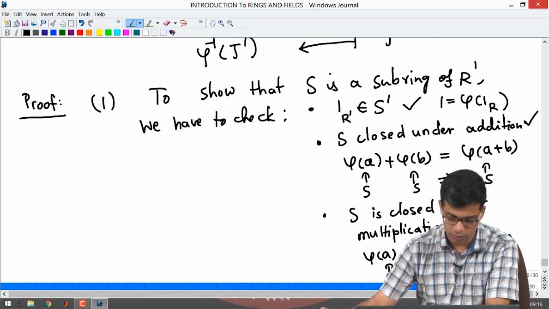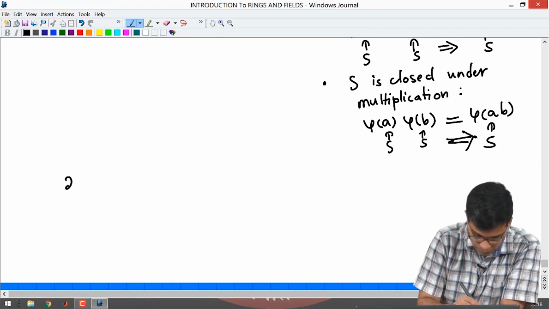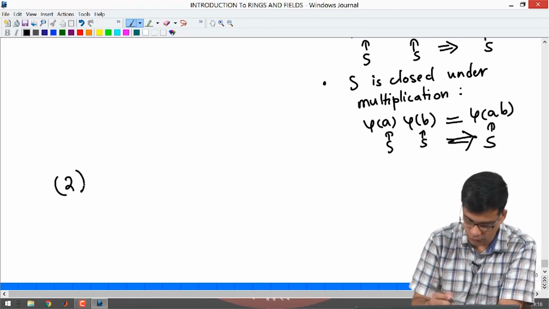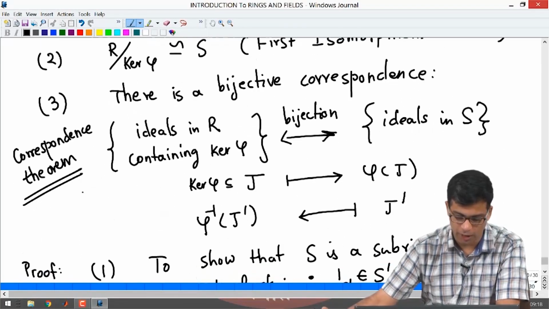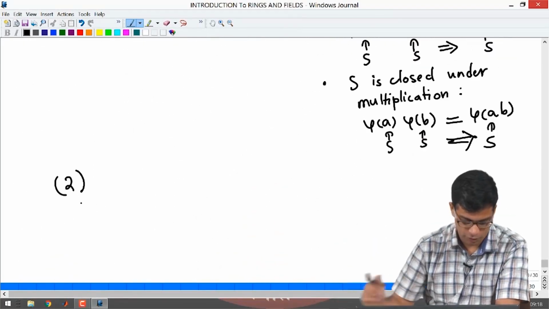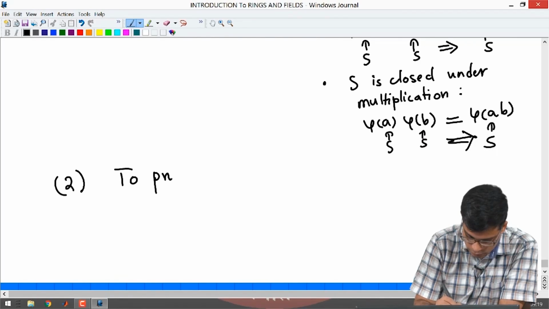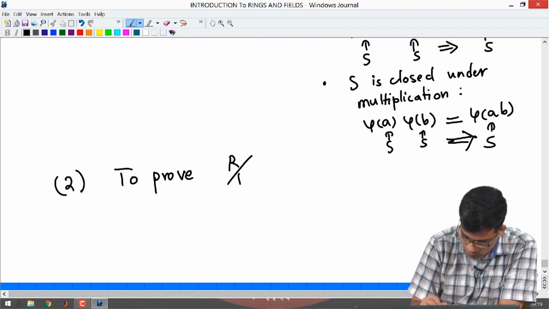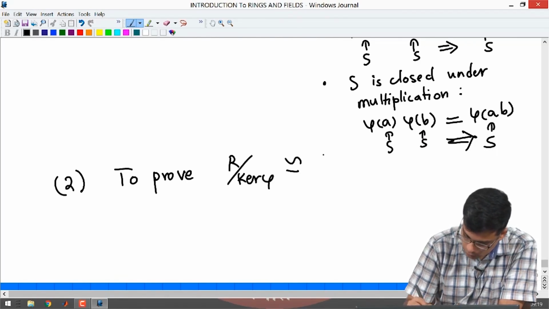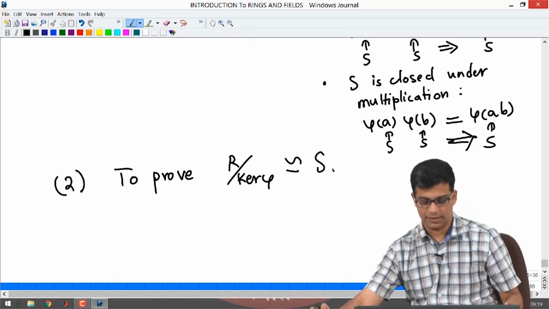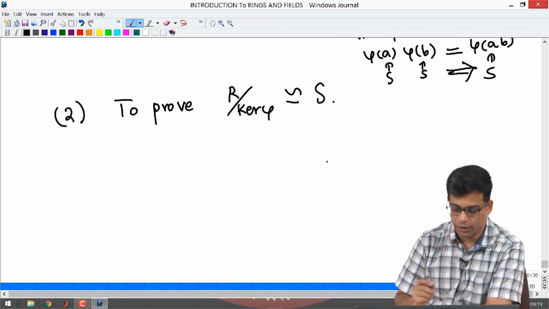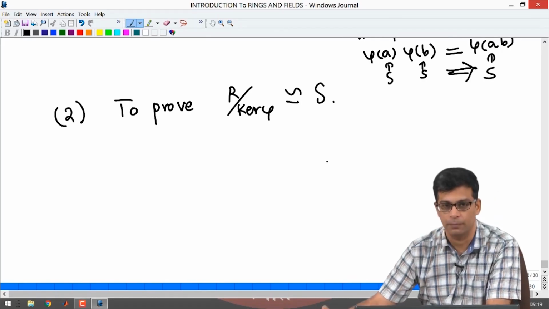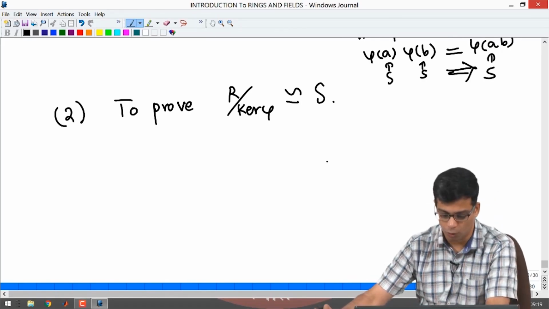Okay. So, the second property says that, remember what is the second statement, that R mod kernel phi is isomorphic to S. So, this is what we want to show. So, we now use the notion of quotient rings.